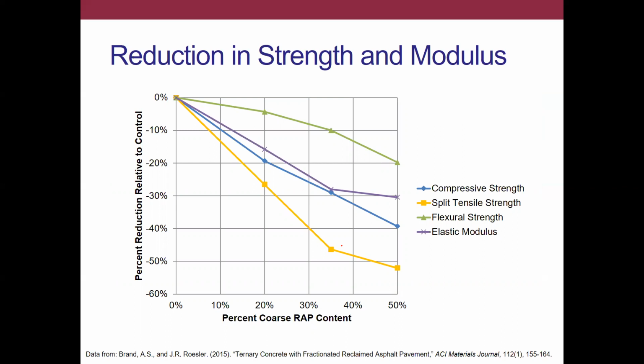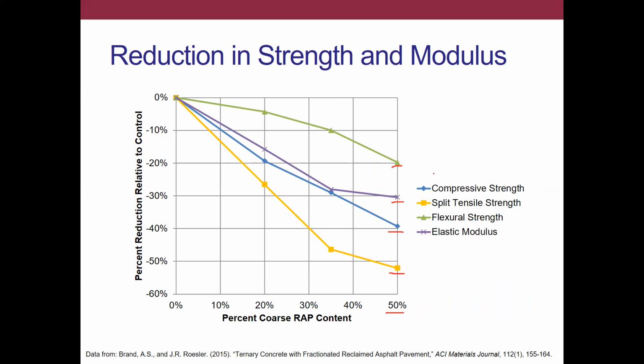But in general, at least from this study shown at the bottom that we published in 2015, we can see that replacing up to 50% of your coarse aggregates with RAP could potentially be reducing your tensile strength by 50%, could be reducing your compressive strength by maybe 40%, your elastic modulus by 30%, and your flexural strength by 20%.